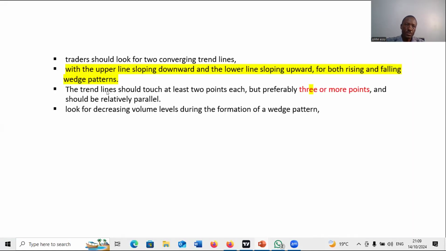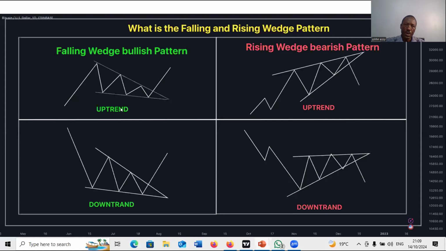So this diagram gives us a brief representation of the different types of wedge that we are going to encounter. Now, what you have to know is that a wedge has two trend lines that converge at a point.